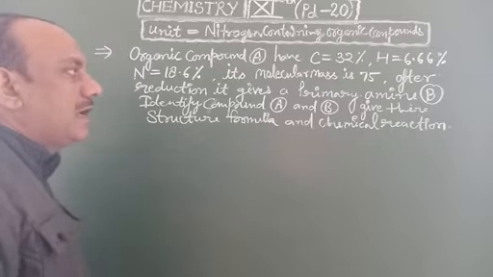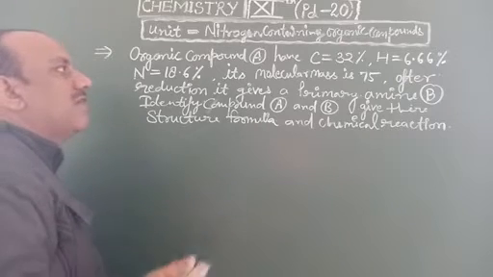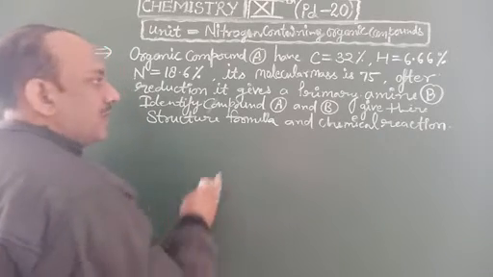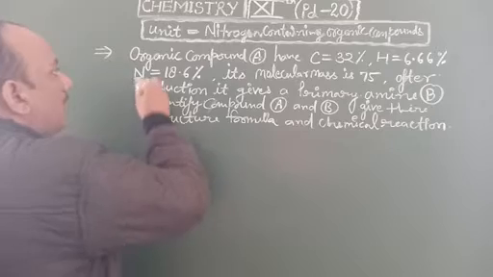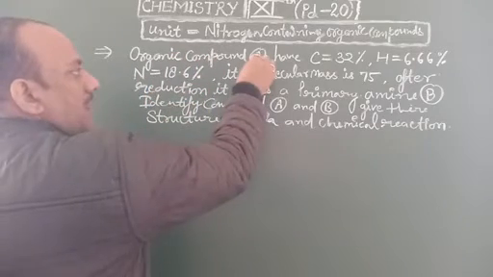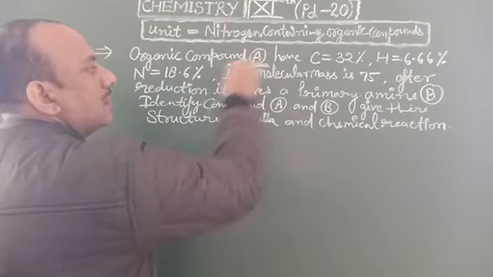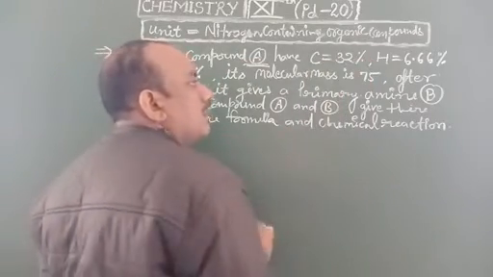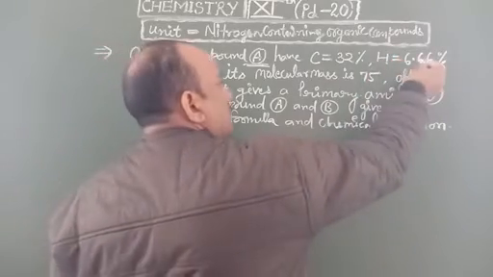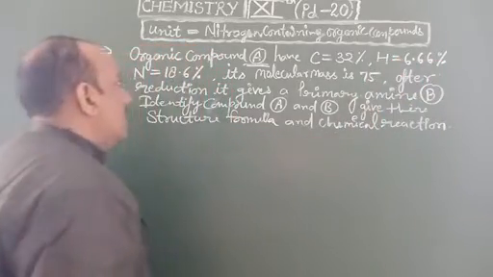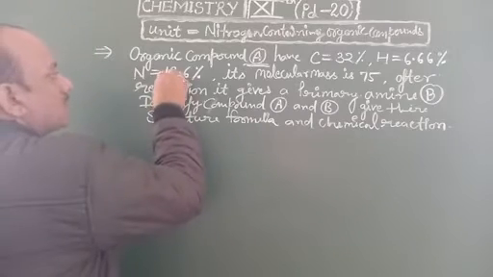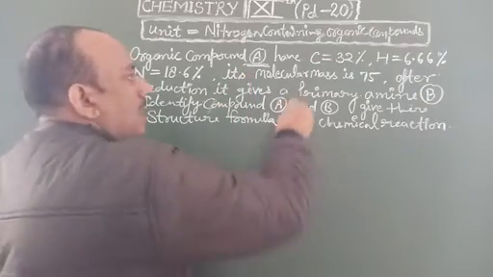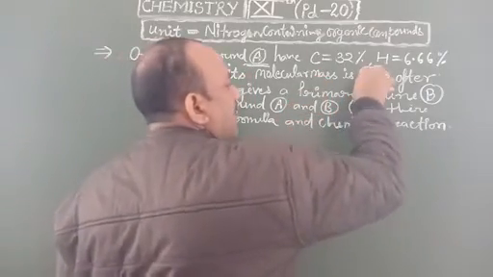Now we go on to the analytical question for the identification of unknown compounds in nitrogen containing organic compounds. We take a question. Organic compound A, which is unknown, has C equals 32%, H equals 6.66%, and N equals 18.6%. Its molecular mass is 75.